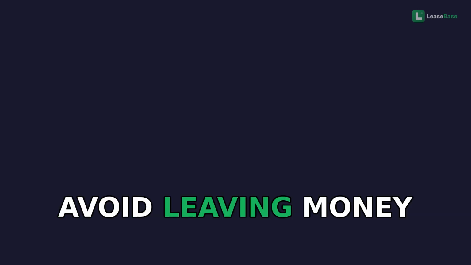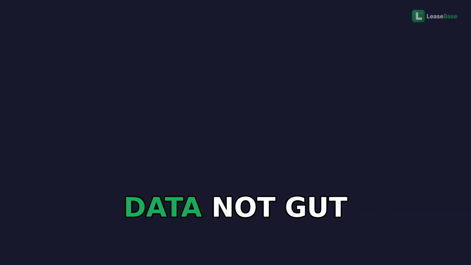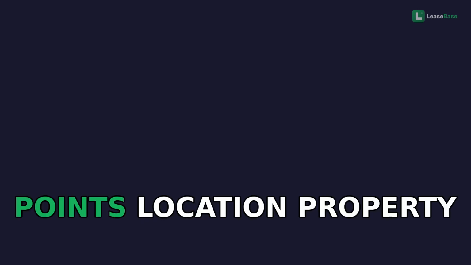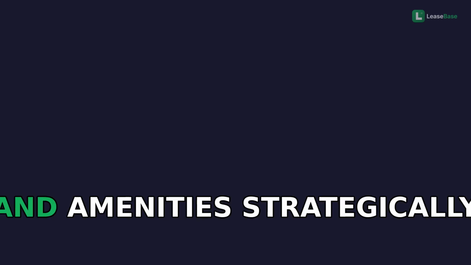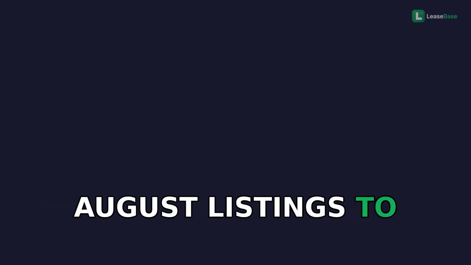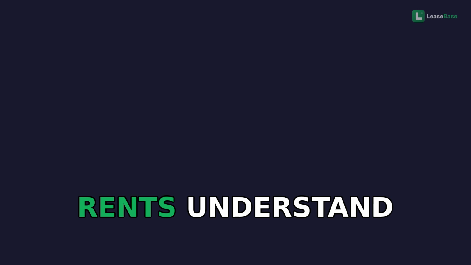Recap. To avoid leaving money on the table, you must use data, not gut feelings. Run comps based on the 5 critical data points: location, property type, bed-bath count, square footage, and amenities. Strategically align your lease cycles with seasonal demand, aiming for May through August listings to capture 8 to 12% higher rents.